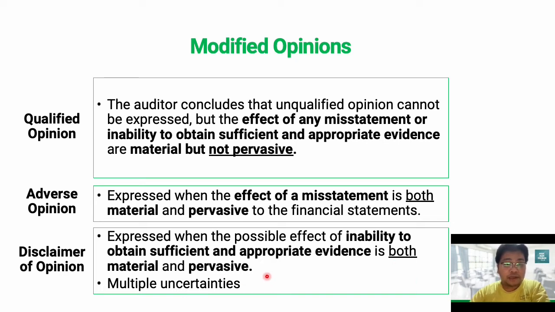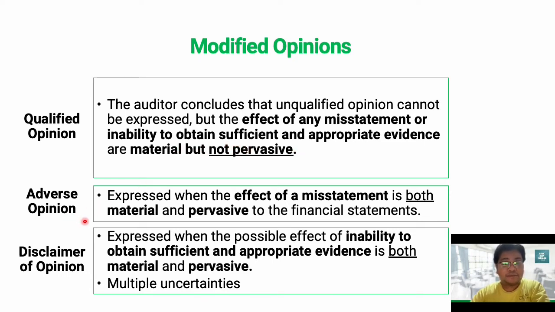Now, take note that when there is an inability to obtain sufficient and appropriate evidence, the applicable opinion is not only a disclaimer. We can also issue a qualified opinion if the possible effect of the inability to obtain sufficient and appropriate evidence is only material but not pervasive. So in short, we issue a qualified opinion under two circumstances: misstatements or inability to obtain sufficient and appropriate evidence, but the effect is material and not pervasive.